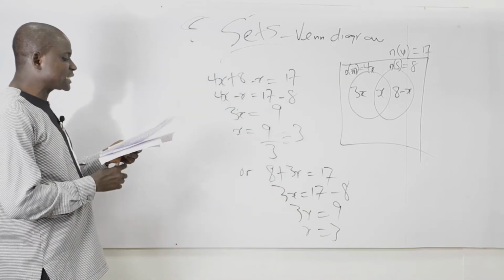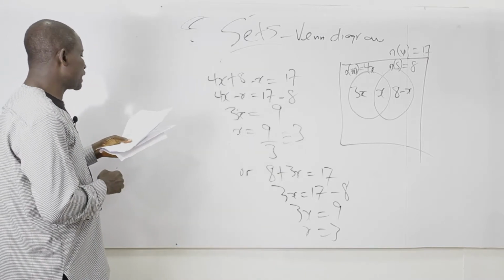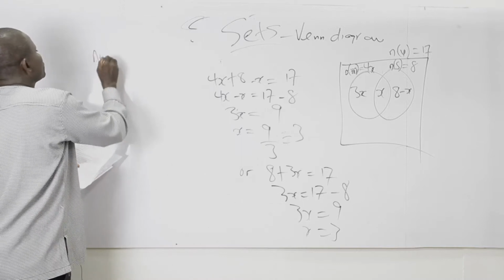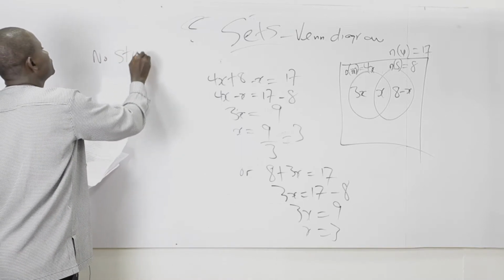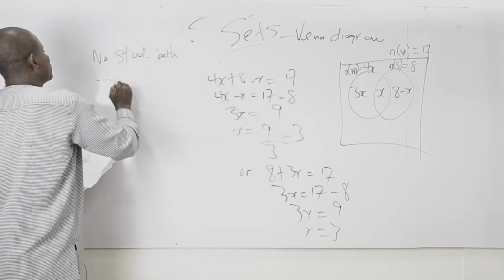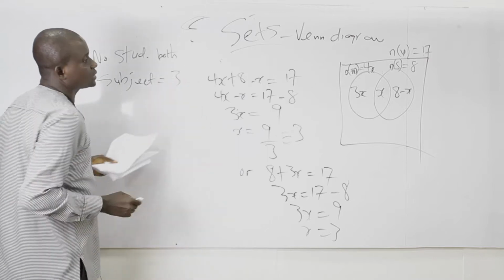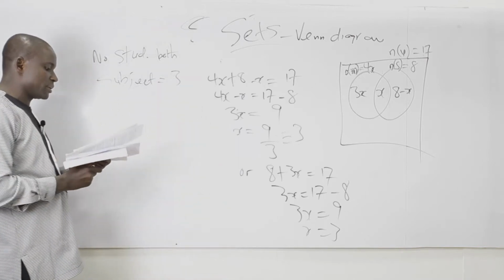But the question he's asking us is about both subjects. So how many students study both subjects? The number studying both subjects is 3. That's the x, which is 3.